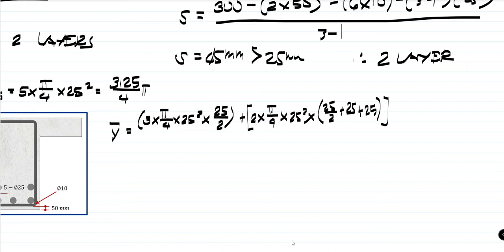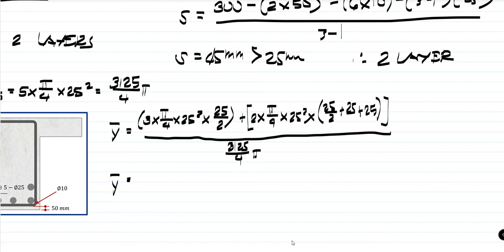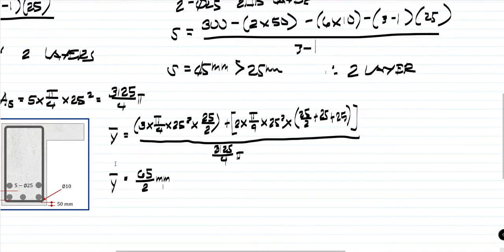Then we will divide that by yung total steel area natin, which is 3125 over 4 pi. So coming from this one, we could have the value of Y bar, which is equivalent to 65 over 2 mm. So meron na tayong Y bar.